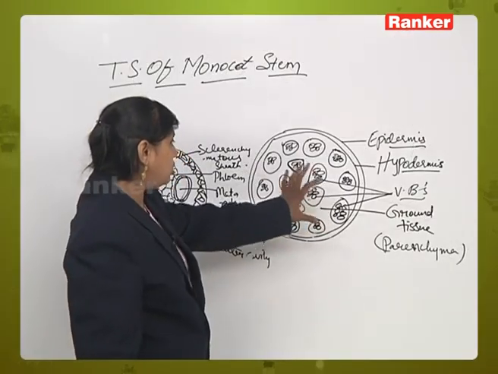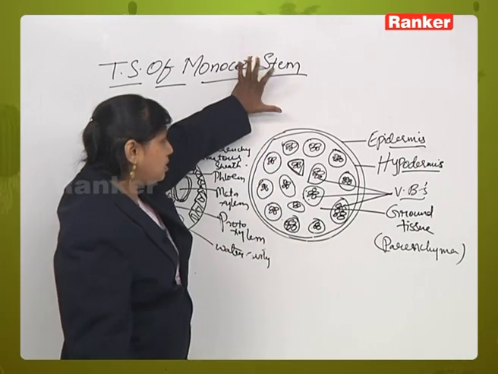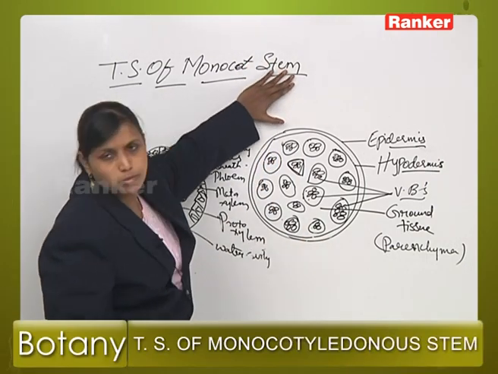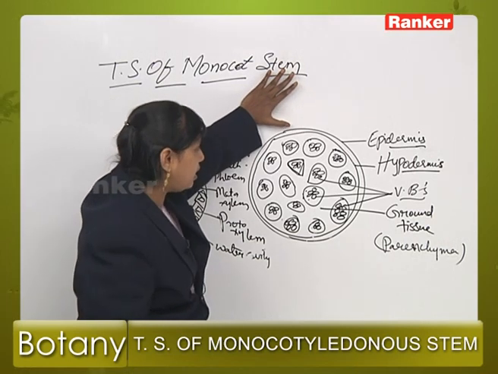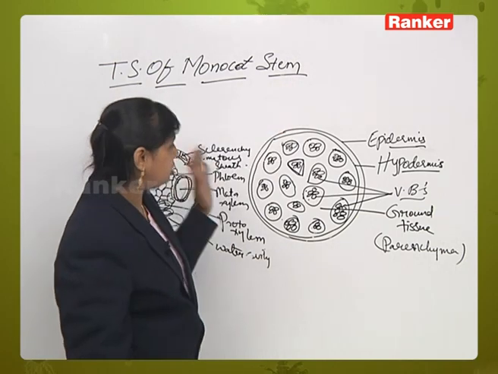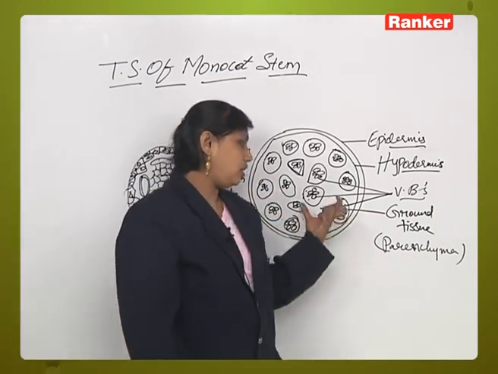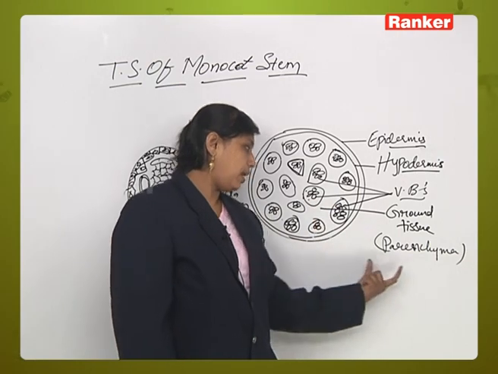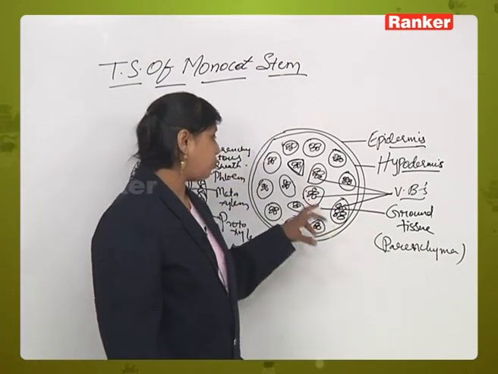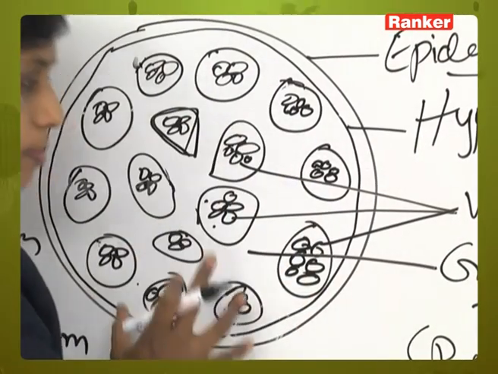This is about the arrangement of the TS of monocot stem. Similar to the dicot stem, the outermost boundary is the protective layer epidermis. Next is the sclerenchymatous hypodermis made up of lignified cells, which gives thickening to the plant body. Next is the ground tissue, made purely of parenchyma cells, not differentiated into pericycle and endodermis, in which n number of scattered vascular bundles are there.